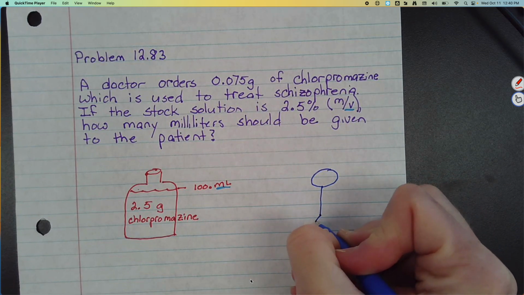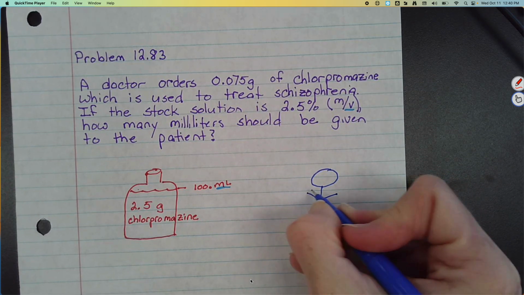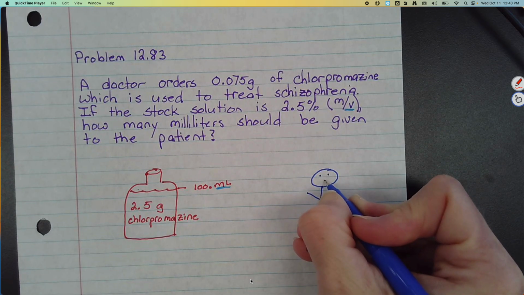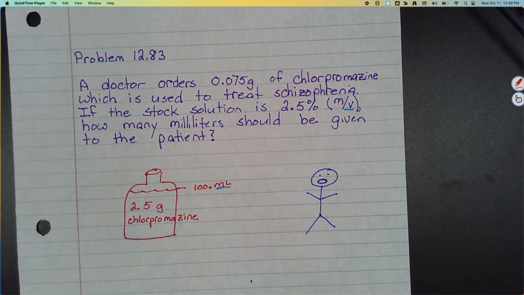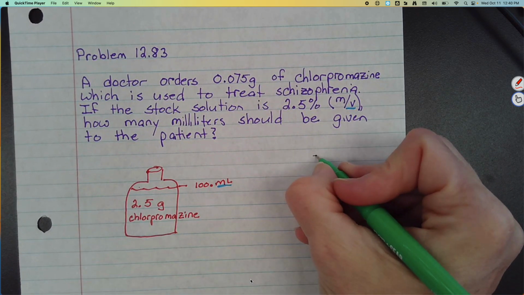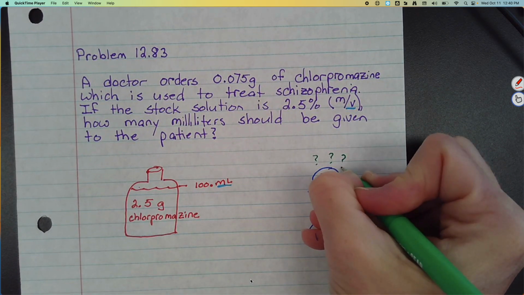And here's my patient, who, due to the fact that they're suffering from schizophrenia, is feeling a bit confused in the head.